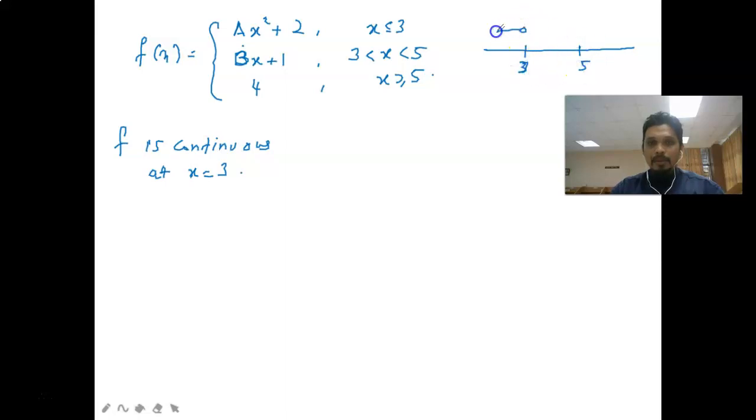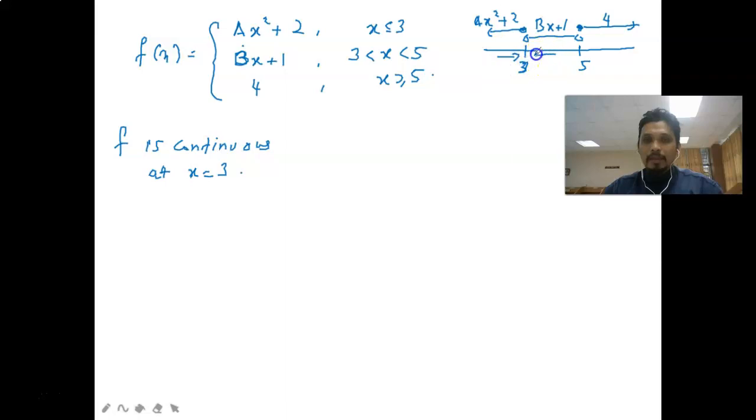The first piece is ax squared plus 2, and this one is bx plus 1, and this one equals 4.